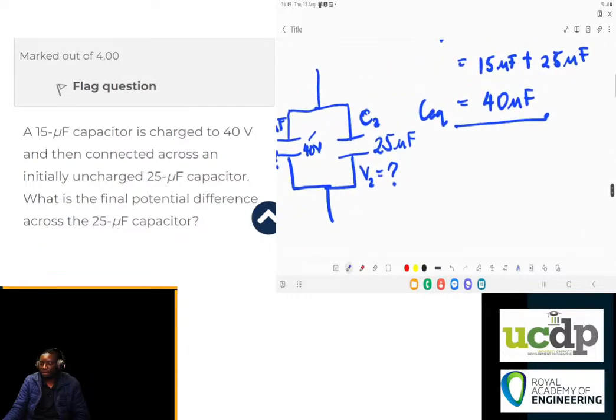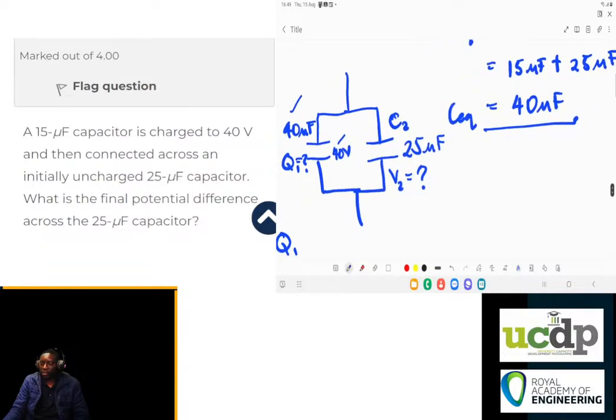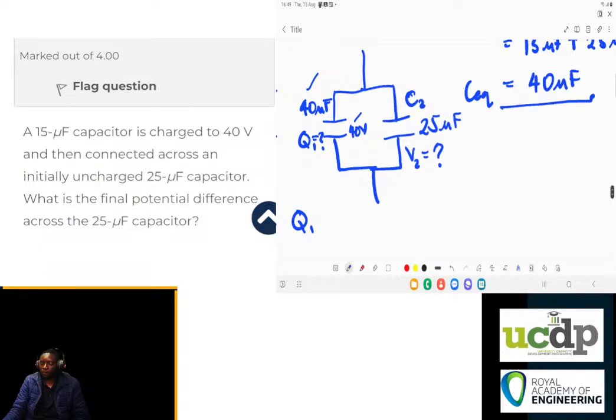You find the total charge. And that total charge would be? How do we find the total charge?